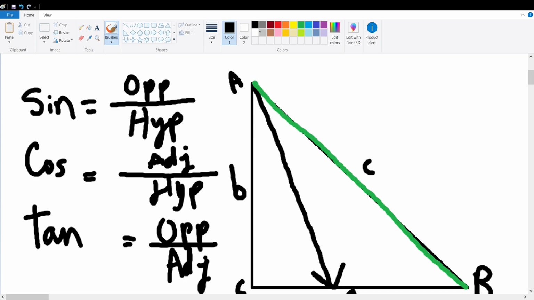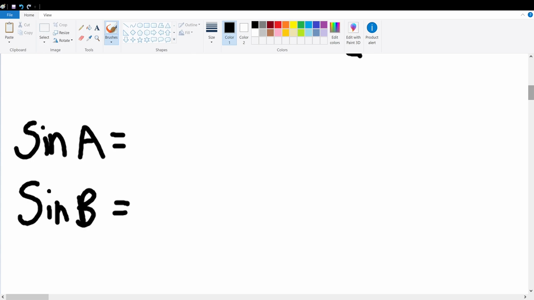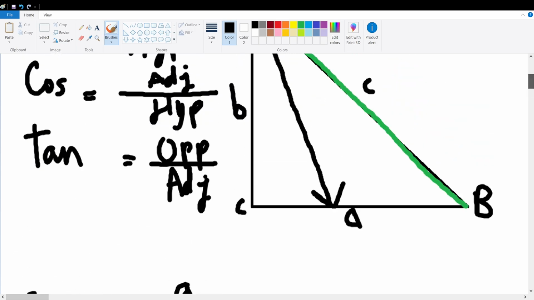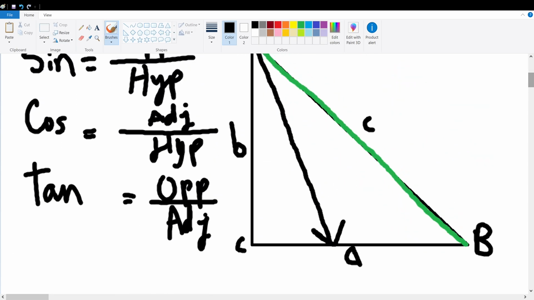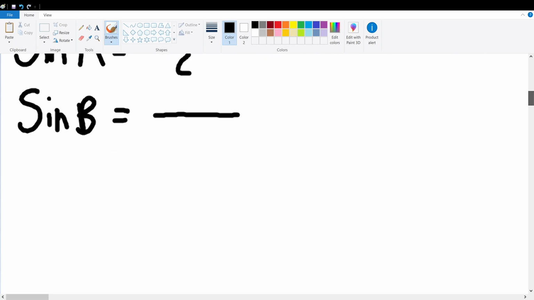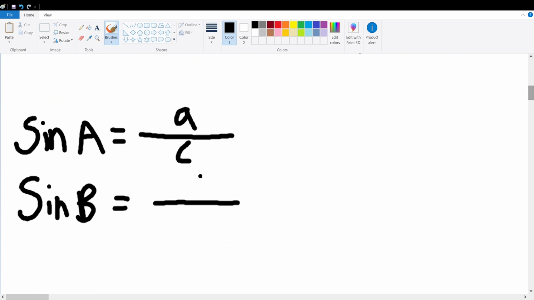Staying true to our definition, sine of A is equal to A over C. With sine of B, using the same method, we find the opposite side of angle B and the hypotenuse, which is still C, giving B over C.